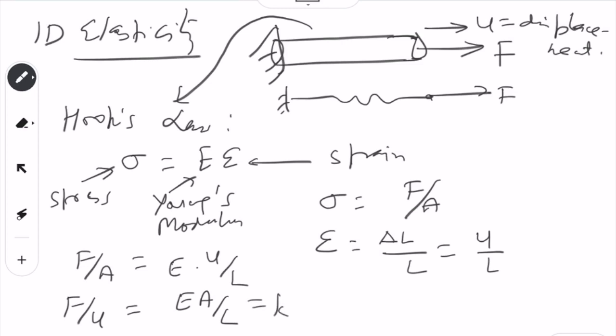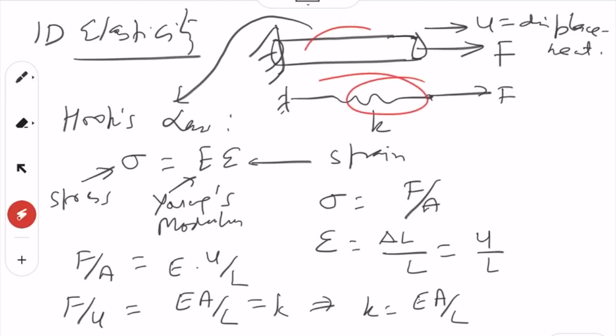So the force per unit displacement is nothing but the stiffness, right? So that's what this is, the equivalent of K. This K is nothing but equal to EA over L. So that means both will behave exactly the same way.